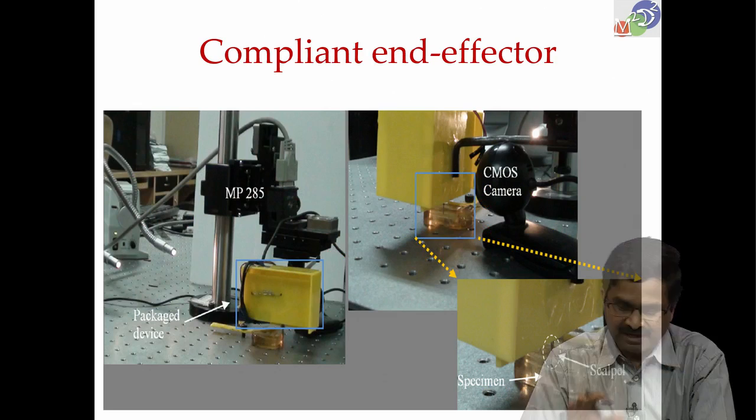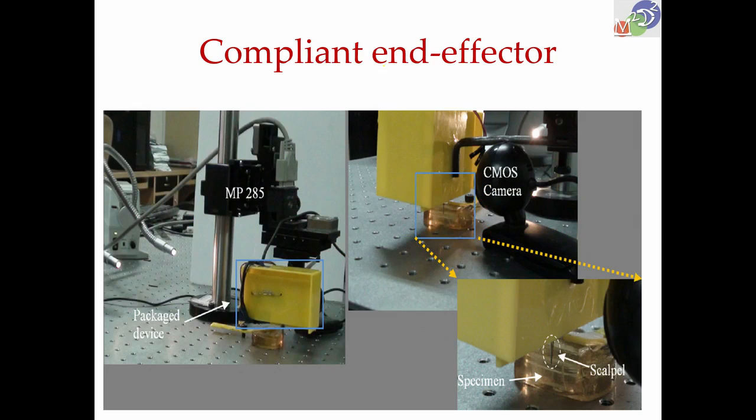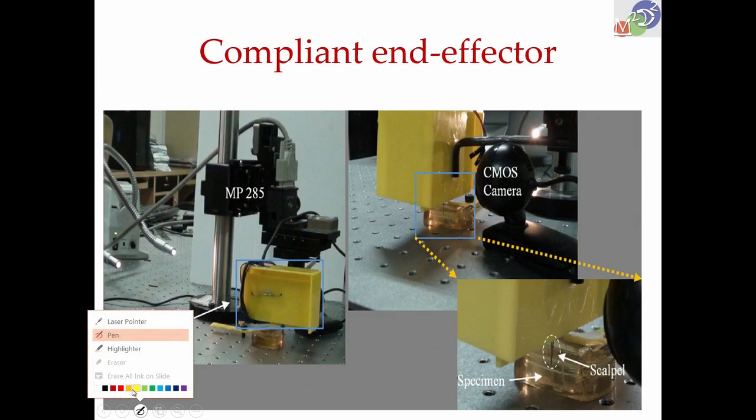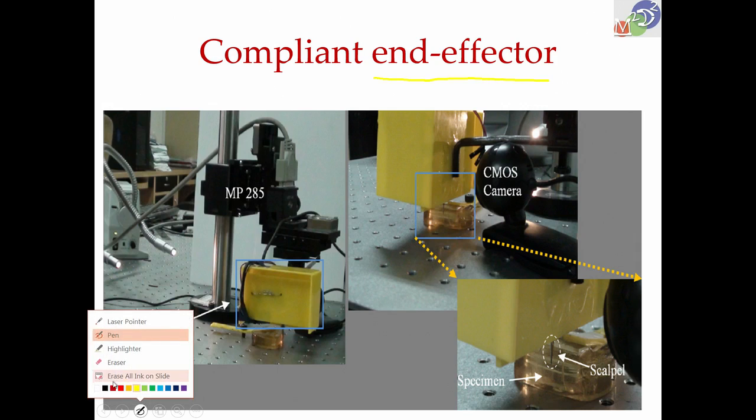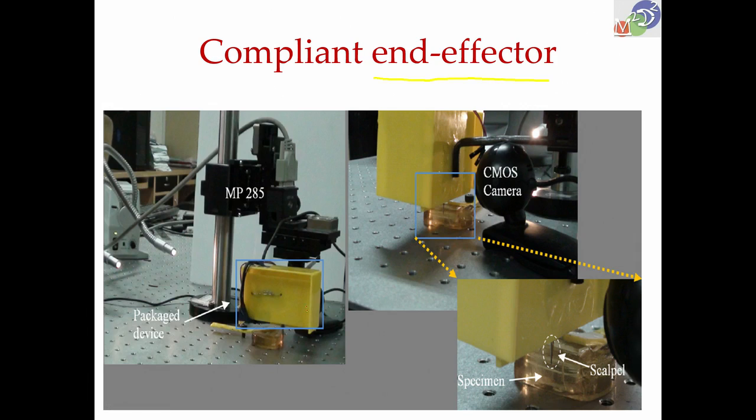So, here again the compliant end effector is indicated. The compliant end effector that we have is encased in this box here. So, you do not see much of that, you will have to see it later. What you see here is a scalpel. There is a little sharp thing here, that is what is going to cut the tissue.